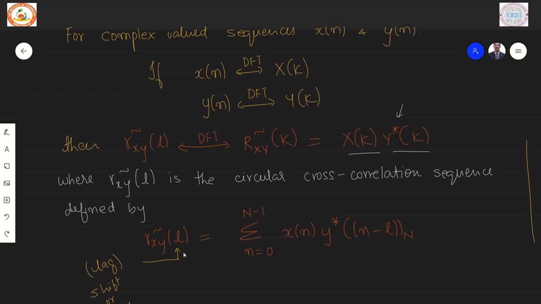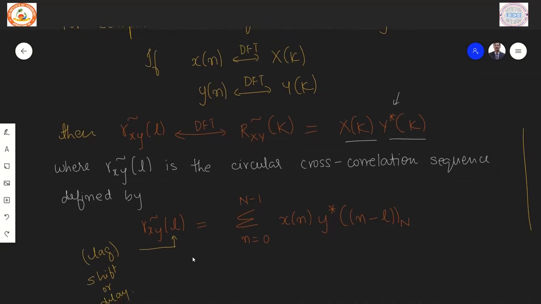Minor changes are there. We have used L to represent a term which is called lag. Lag represents the shift or the delay. At these lag points, we are calculating the correlation coefficient.